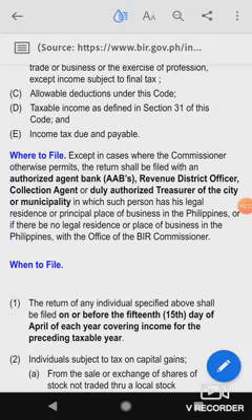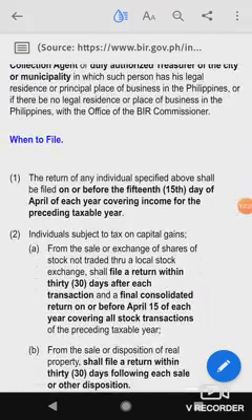So, to sum up, we go with our authorized agent banks, our revenue district officer or collection agent, and pay to the duly authorized treasurer of the city or the municipality.